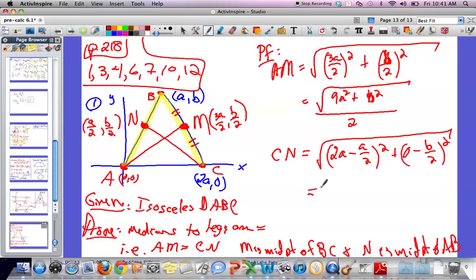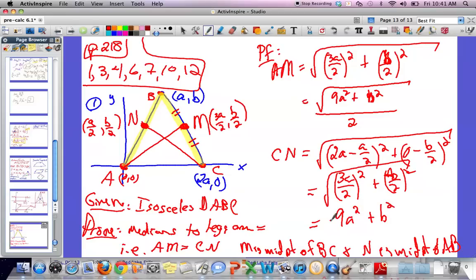What's 2 minus a half? 3a over 2, quantity squared, plus negative b over 2, quantity squared, and you square root that. I think we can all jump to the fact that that's the square root of 9a squared plus b squared, all over the square root of 4, which is 2.